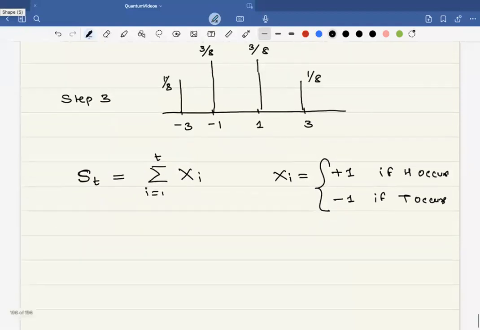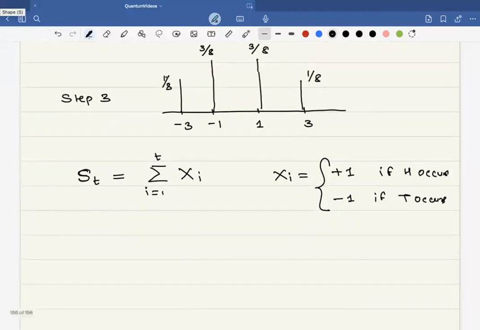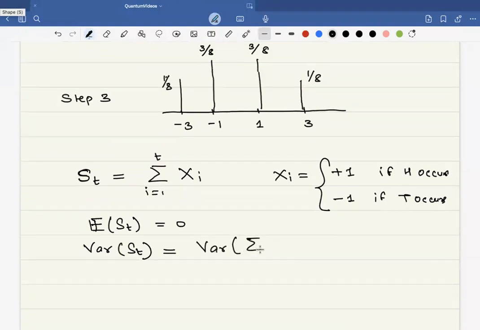Right? And you can compute the expectation of S_T. So the expectation of S_T is obviously 0, and the variance of S_T, now we can add up all the variances because these are independent random variables. So this is the variance of the summation i equals 1 to t of x_i, which is equal to the summation i equals 1 to t of the variance of x_i.